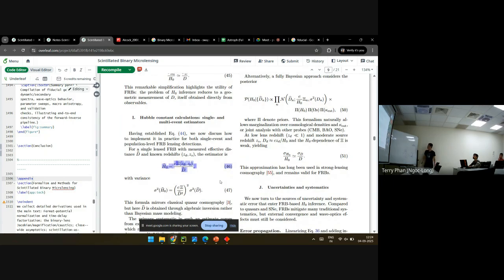Now, can you explain? You get a better constraint on the Hubble parameter, an error of 1.5%. Why do you get a better constraint than single lens? Because we are using algebra for this. We are not assuming the error here, so the delta will be reduced.